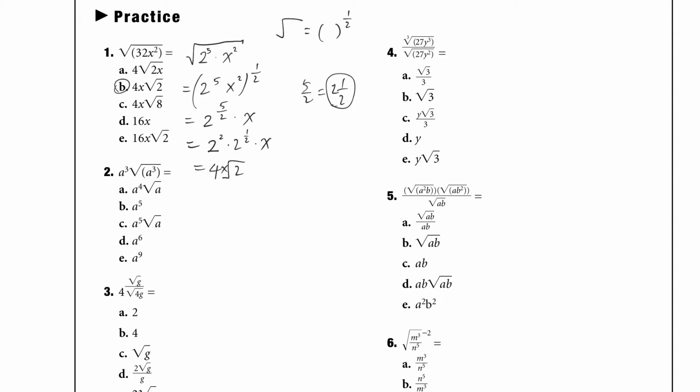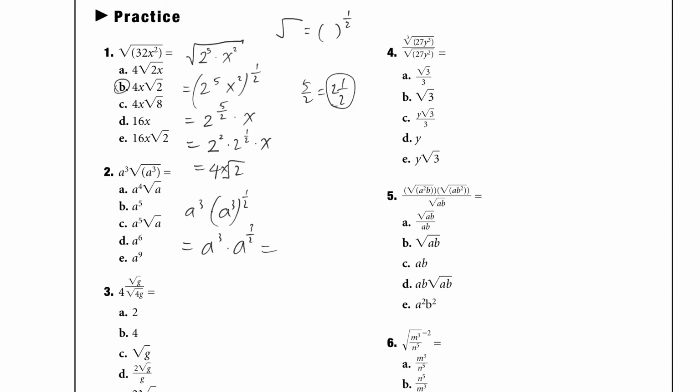Again, I'm going to do the same thing. A cubed times square root of a cubed. So a cubed times a to the power of 3 and then to the power of 1/2. Right? So I have a to the power of 3 times a to the power of 3 over 2.